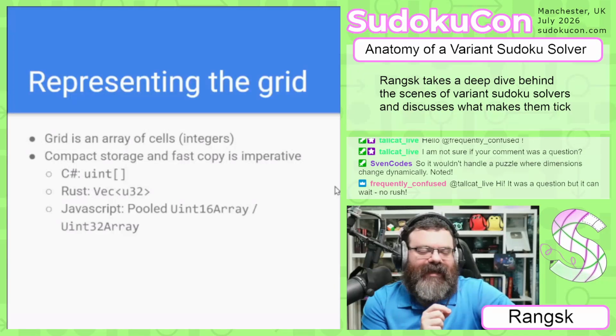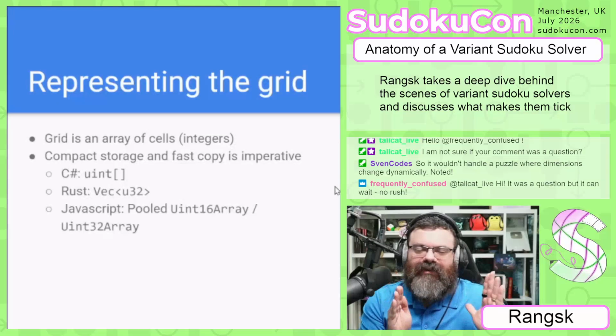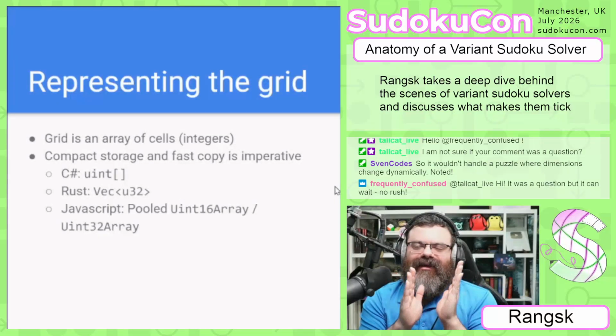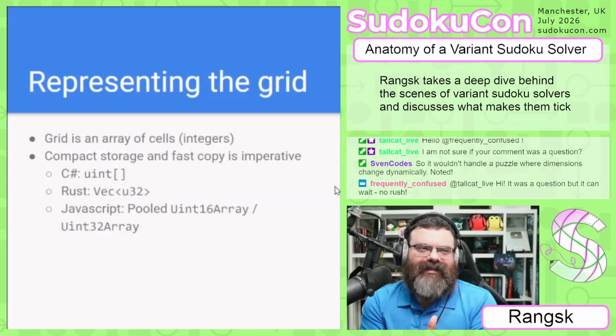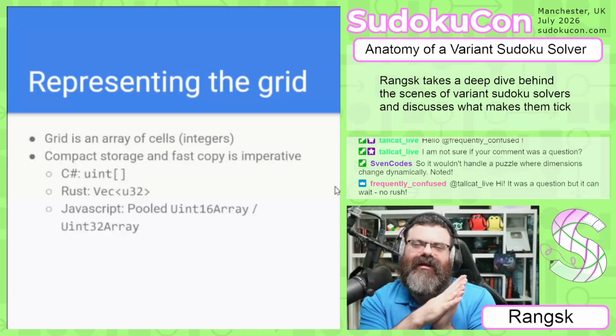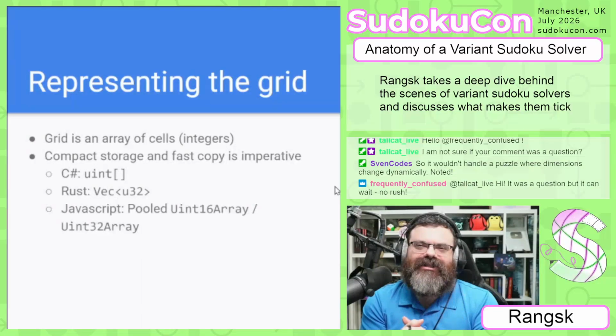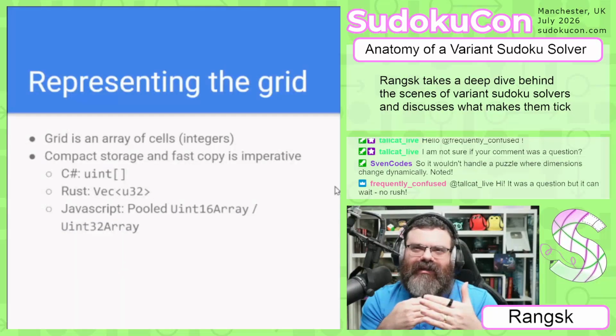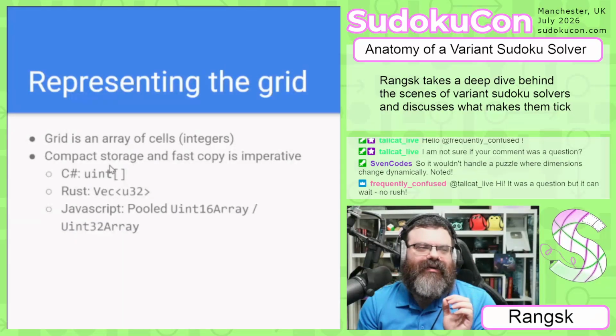Hopefully many of them fit in the cache, it is one block of memory, and you can copy it as quickly as possible. You do not want indirection in there. You don't want extra allocations for each one. You want one single allocation that is extremely fast to copy, with no logic to copy it. And so in C sharp, I use a uint array.